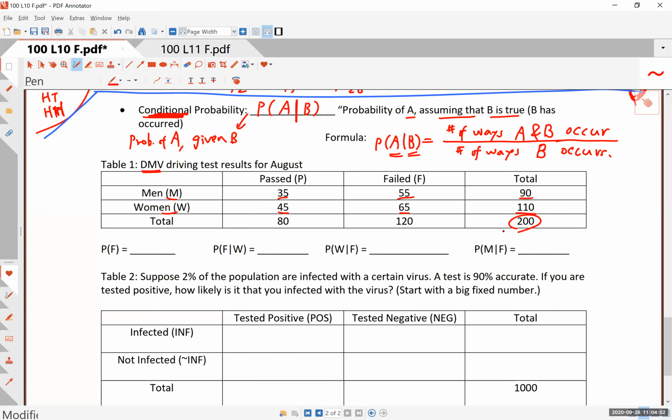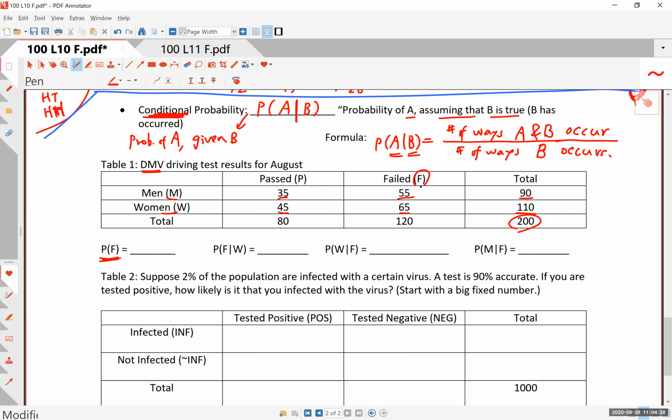All right. Now, the question somebody is asking is, is there a sort of disproportionate impact? Is there a bias against men or women, based on this data? That's the kind of question that people will be asking. And the answer involves, of course, conditional probabilities. All right. Now, what is this? Okay, F. What is the probability that a person failed?